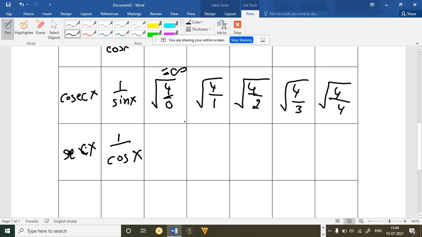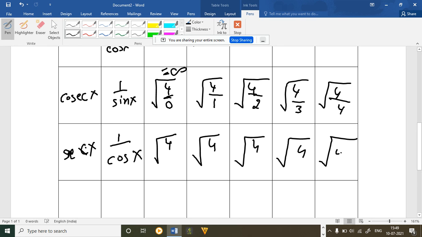So we'll do the reverse of what we did for cos. We start again with 4, 4, 4, 4, and the reverse way 3, 2, 1, 0. It's nothing but infinity.